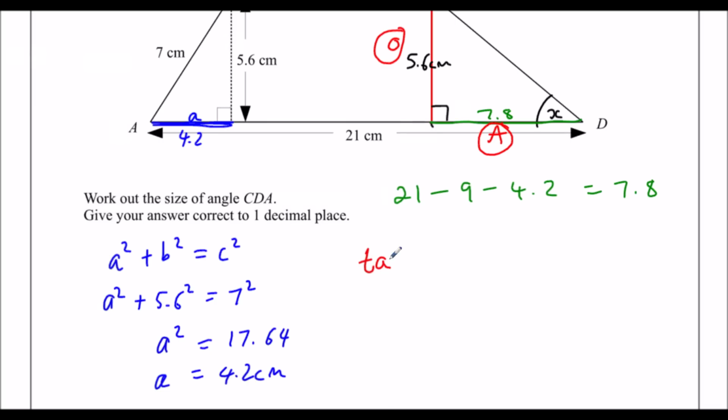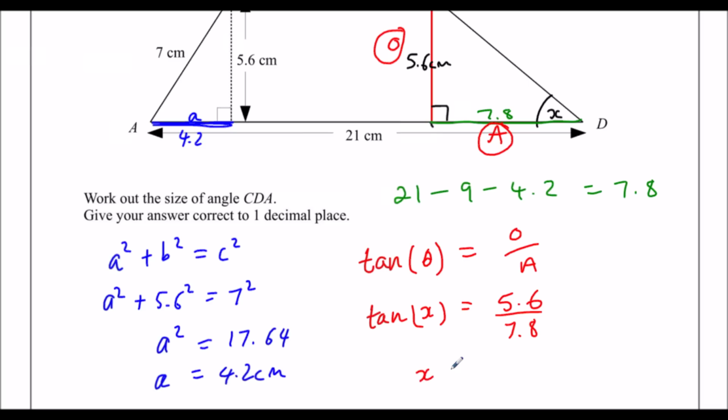So tan of the angle is the opposite divided by the adjacent. So tan x is 5.6 divided by 7.8. To get the angle by itself, we do the opposite of tan, which is shift tan or arc tan, 5.6 over 7.8.